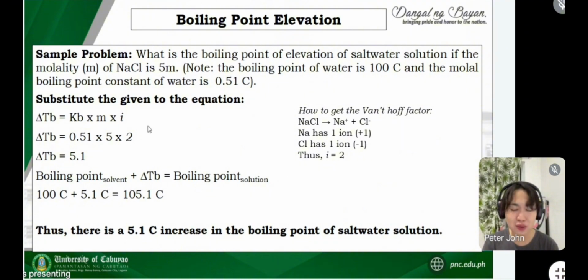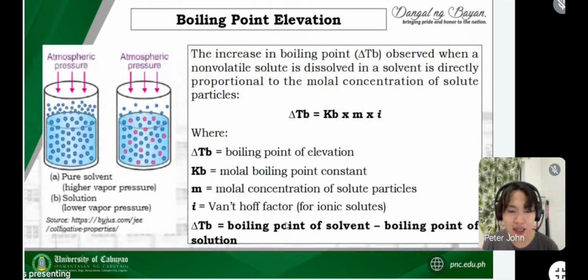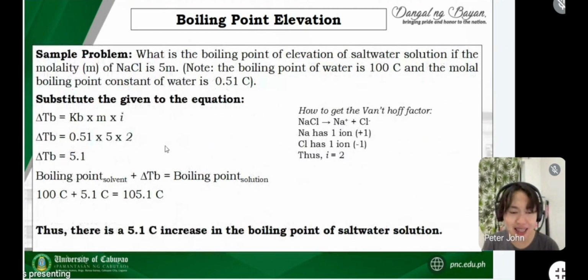This 2 is originally tinatawag nating Van't Hoff factor. In order to get the Van't Hoff factor, we need to count the number of ions. So, example natin, in a given problem, sodium chloride. We have the sodium cation plus the chlorine anion.